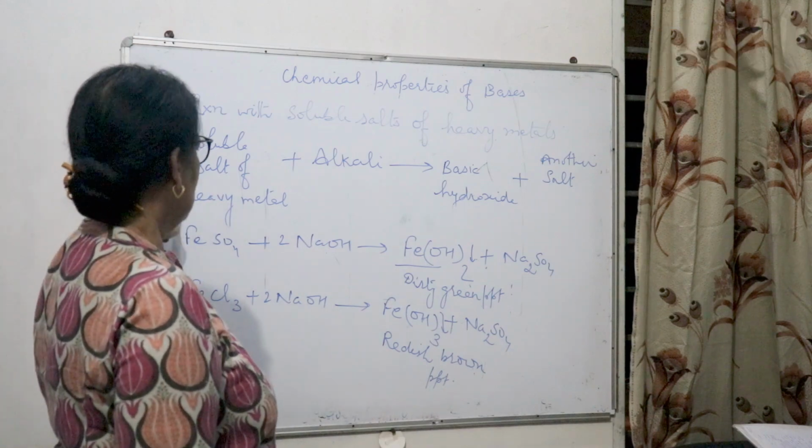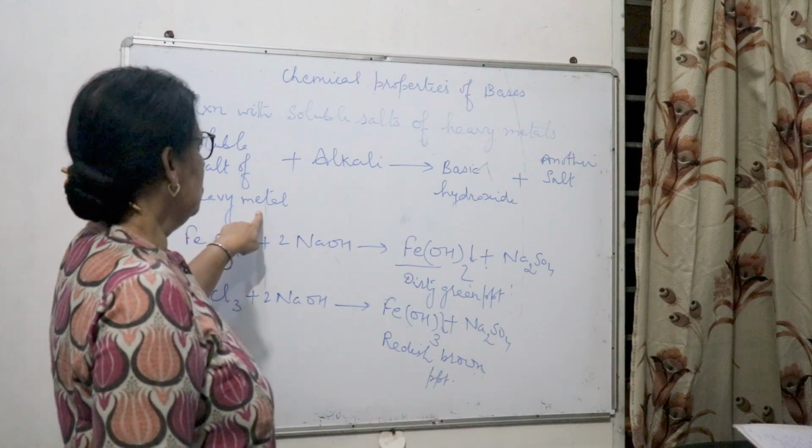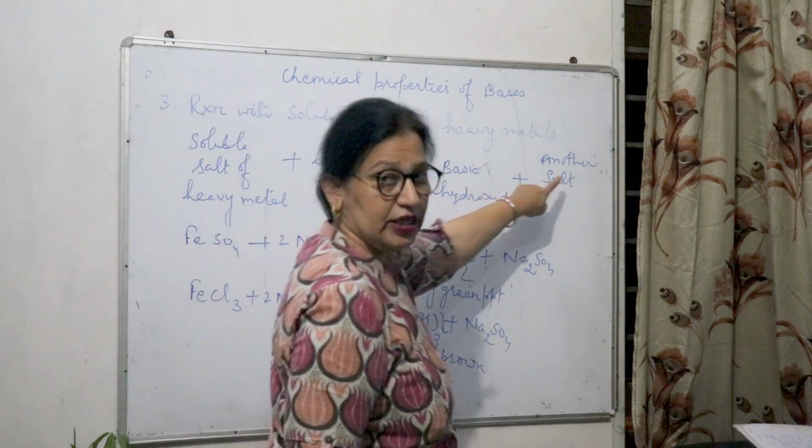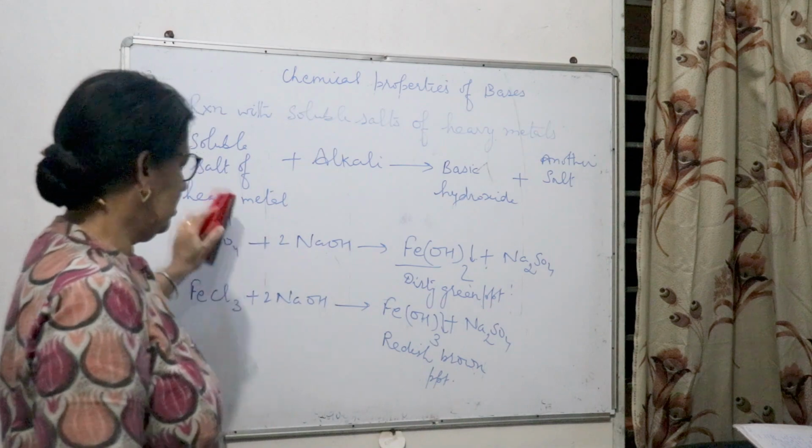So when soluble salts of heavy metals react with the alkali, they give basic hydroxide plus another salt.